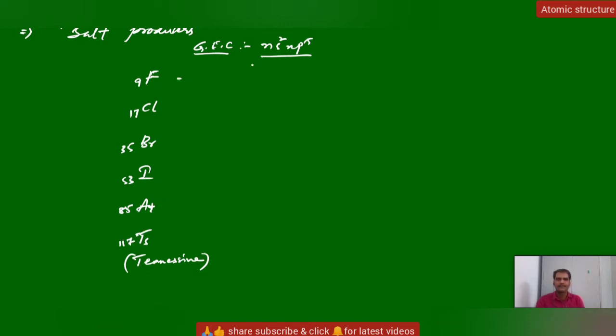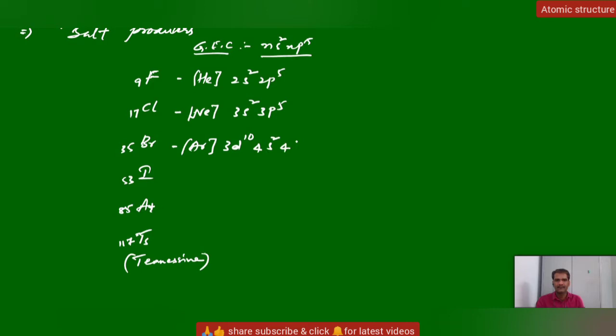And their electronic configurations, by using the general electronic configuration. Fluorine is a second period element, so the valence shell is 2s2 2p5. Chlorine is a third period element, 3s2 3p5. Bromine, argon core, 3d10 4s2 4p5.